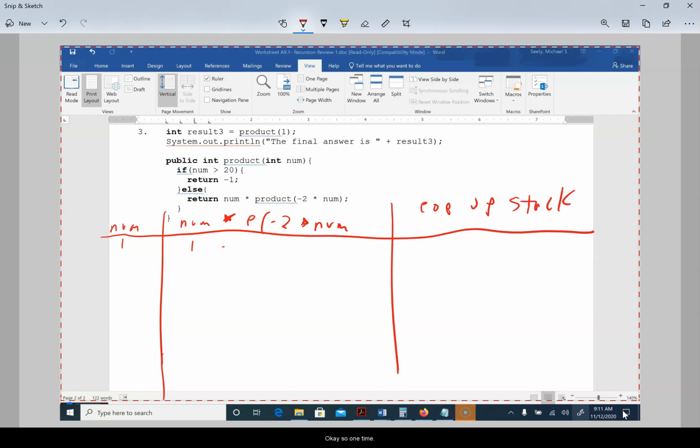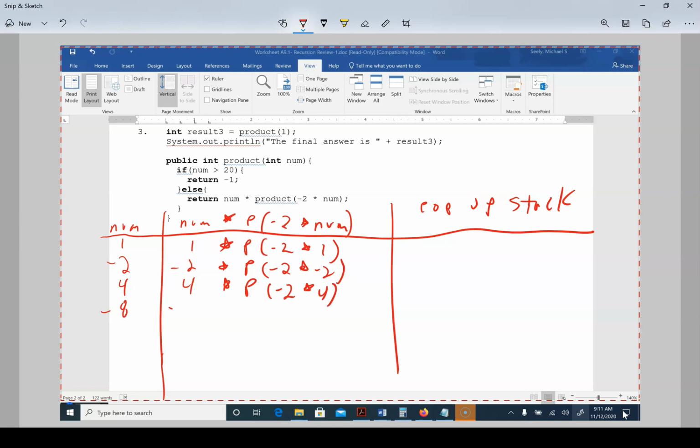Okay, so 1 times p of, what do we got, 1? So this would be -2. So -2 times p, which would be -2 times -2, which is 4, times p gives -2 times 4 gives us -8.